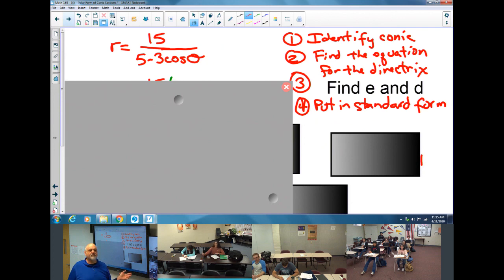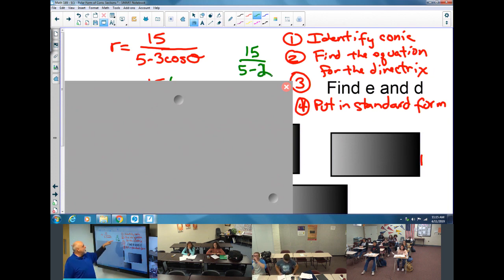Could you simplify, because the 15 goes into the 5, or the 5 goes into the 15? Could I cancel the 15 and the 5, making that a 1 there? Nope. See, if I had a fraction like that, well, let's make it a 2 here, could I cancel the 15 with the 5?